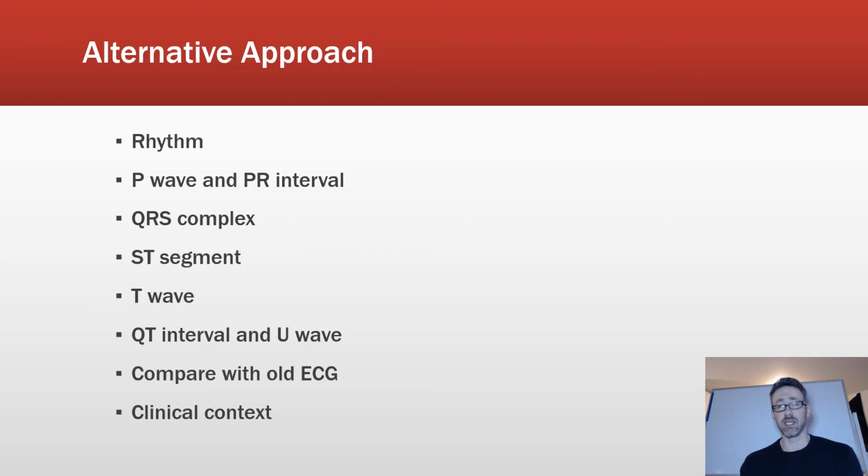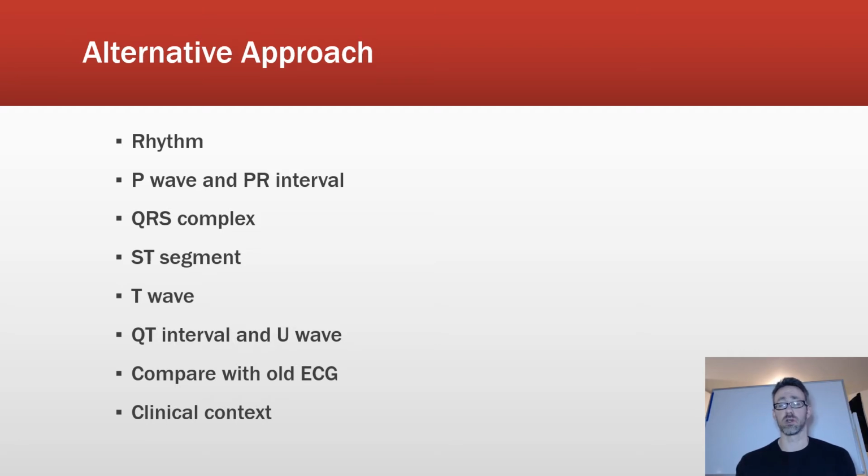The QRS complex. Again, you can check its duration. You can look for R wave progression to make sure that's normal in the chest leads, and it helps you assess for Q wave abnormalities and really tall R waves that might suggest hypertrophy, for example.